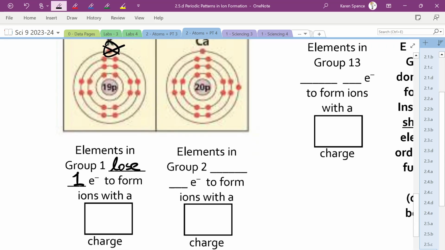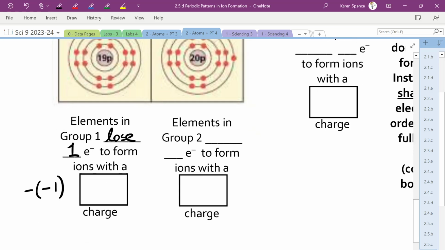If you lose 1 electron, that's the same as subtracting -1. Do you guys know what you get if you subtract -1? You get +1. Absolutely. So what that means, and this is going to come in really handy in the next 2 units, everything in column 1, when it becomes an ion, has a +1 charge.